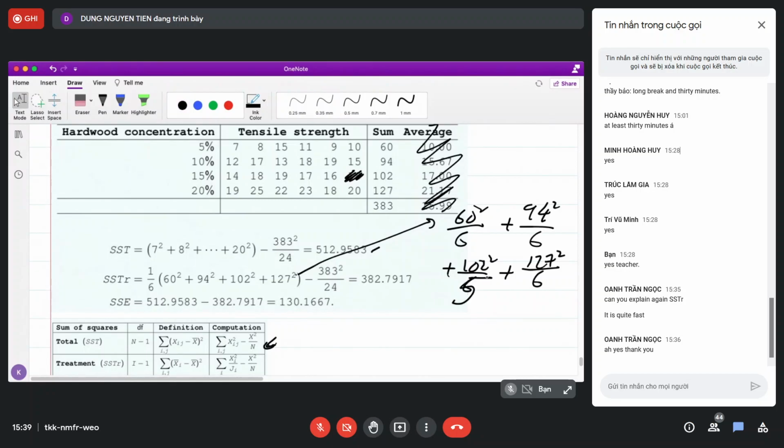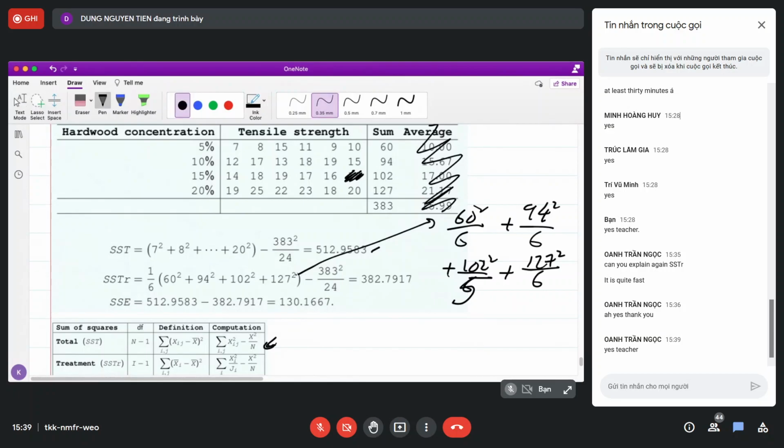Understand? Is that clear? If you don't have a balanced design, then the denominator may be different. Is that clear? Is this okay? Okay.